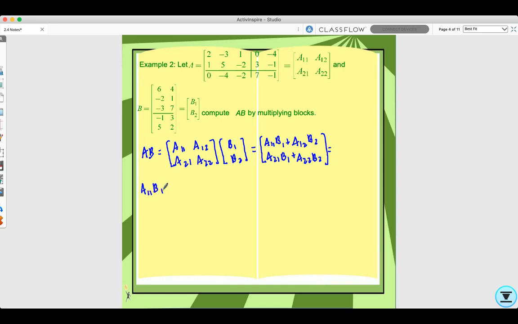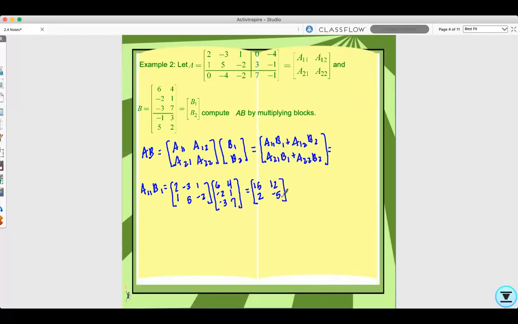So let's start with A11 times B1. A11 would be 2, 1, -3, 5, 1, -2, times B1, which is 6, -2, -3, 4, 1, 7. When I multiply those through, I get 15, 2, 12, -5.